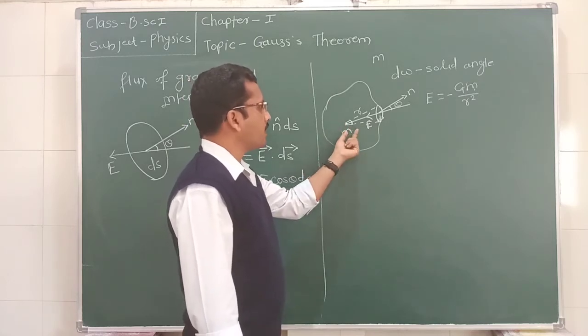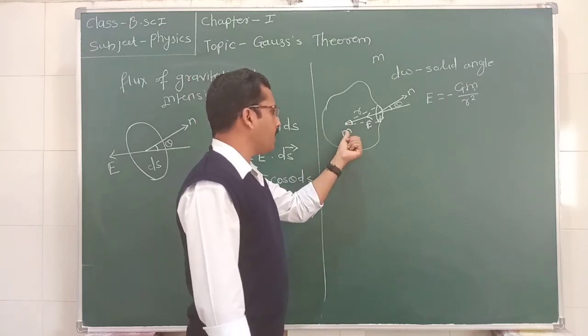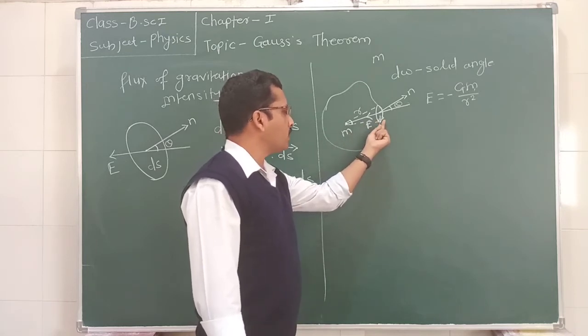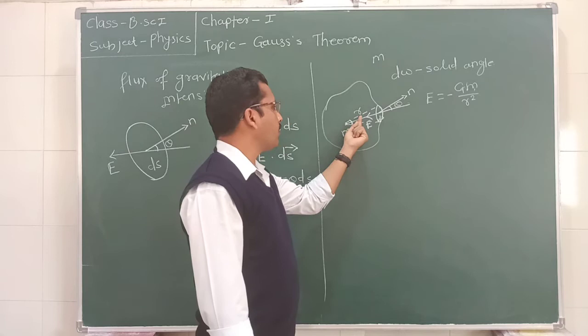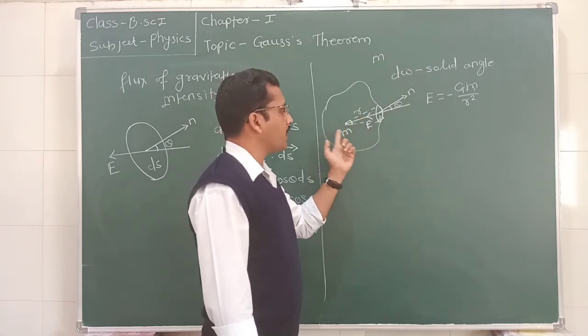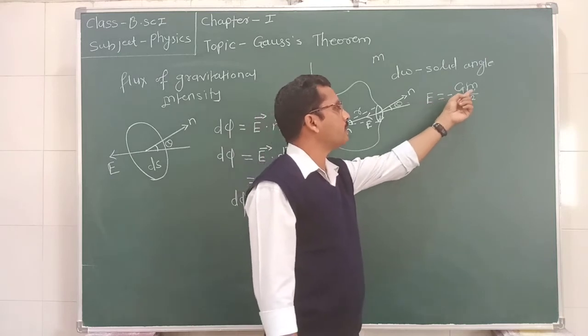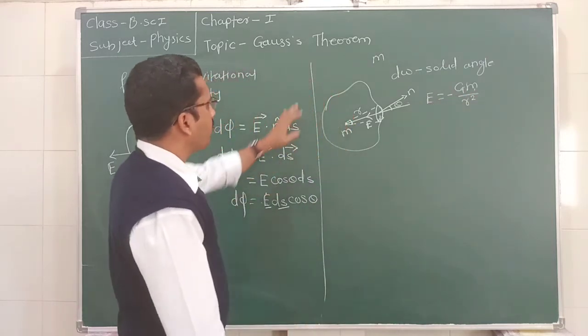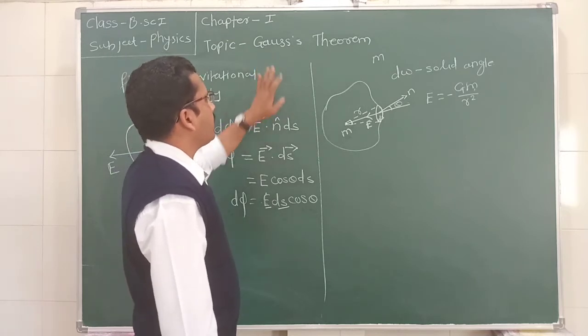So what is the gravitational intensity due to this mass m through the area ds, which is situated at a distance r from this point mass m? It is E equal to minus Gm divided by r square. Now, how can we mathematically write this Gauss theorem?